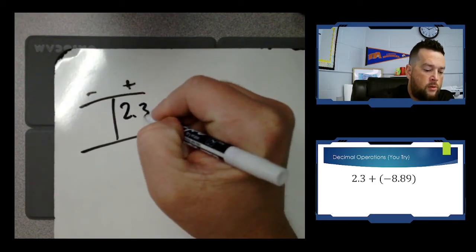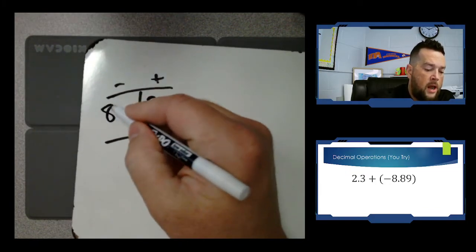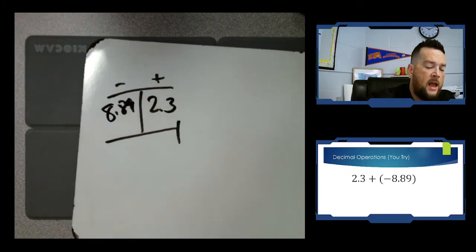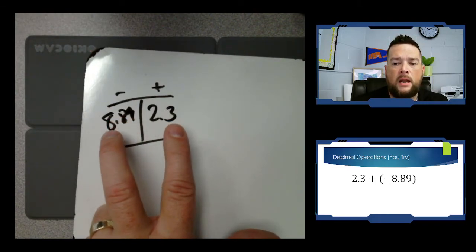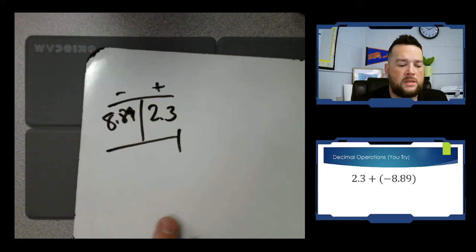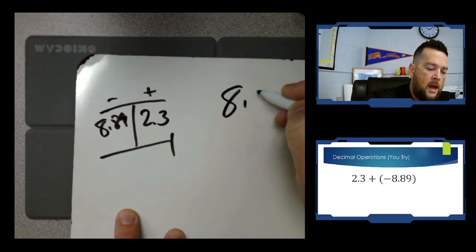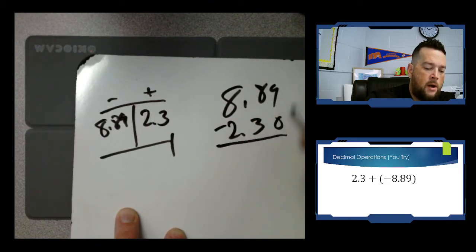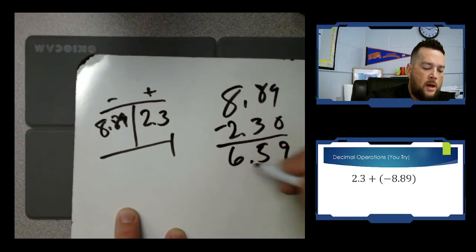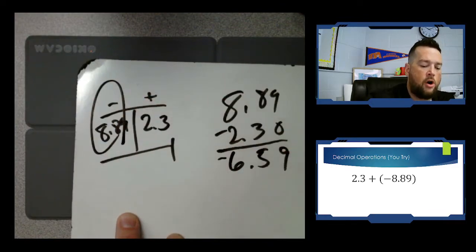We're going to put 2.3 on the positive side. We're going to put 8.89 on the negative side. And that just helps us know these two numbers are on different teams. So we're not ultimately adding these numbers. We're going to subtract them: 8.89 subtract 2.3. We're going to subtract those numbers, and then we're going to keep the sign of the larger number.